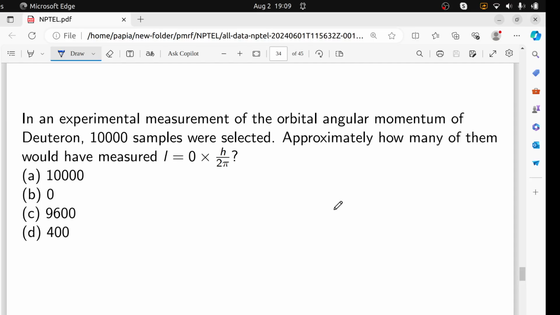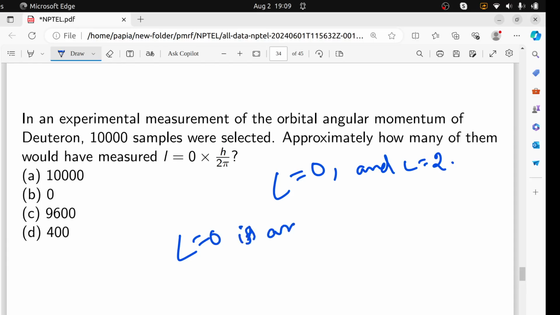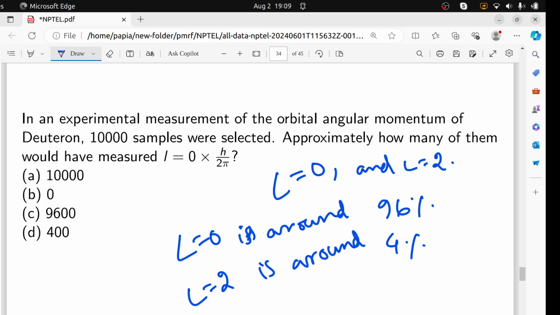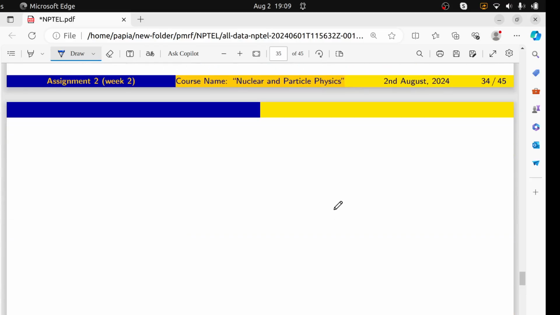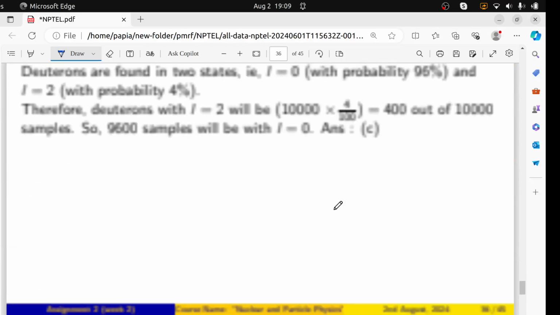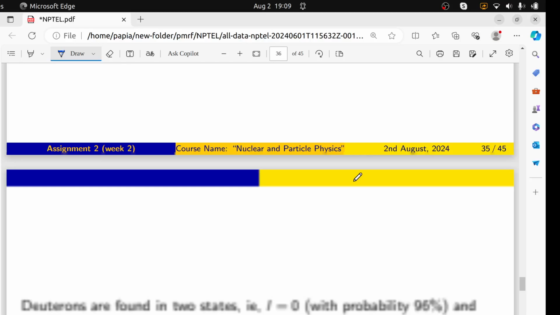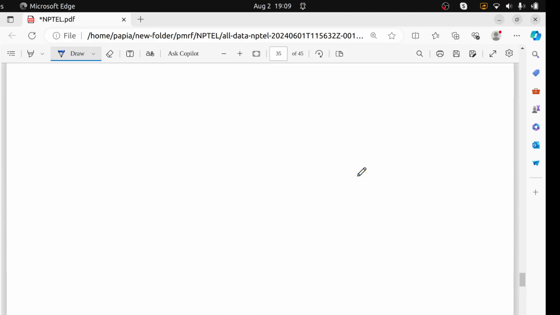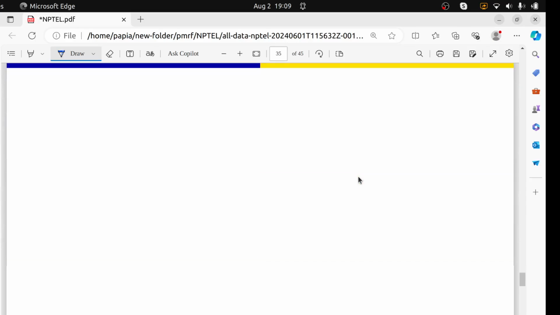But the percentage was like L equals to 0 is around 96%, L equals to 2 is around 4%. Did I write it correct? Yes, I wrote it correct. So L equals to 0 was 96% and L equals to 2 was 4%.